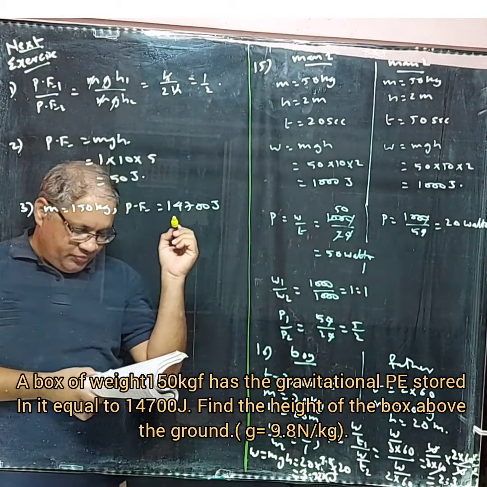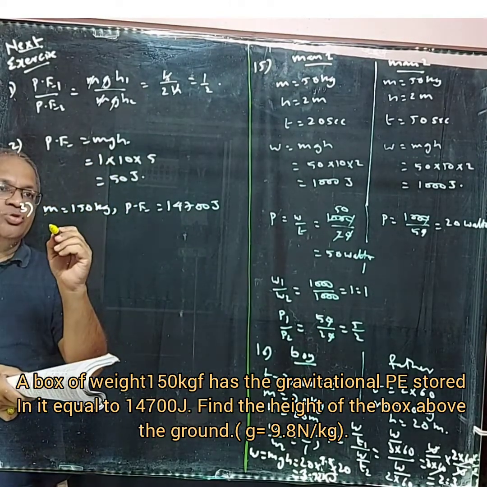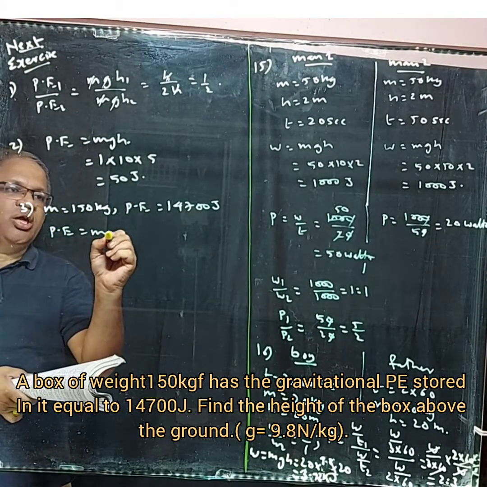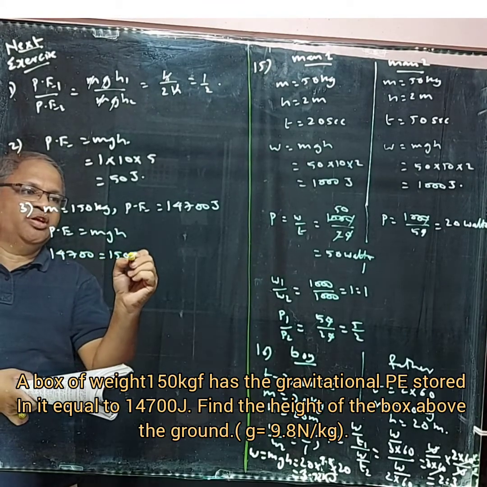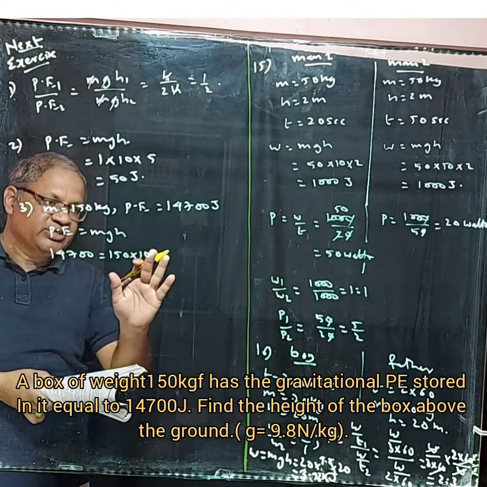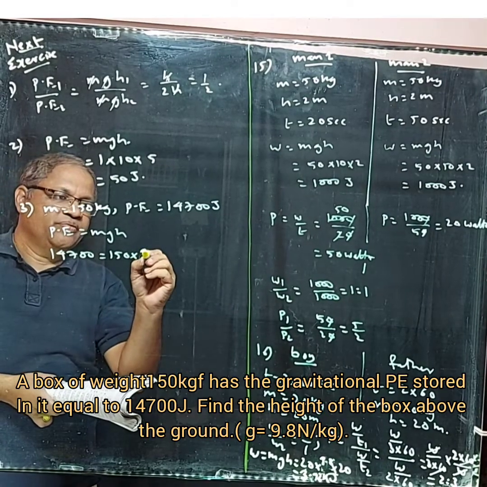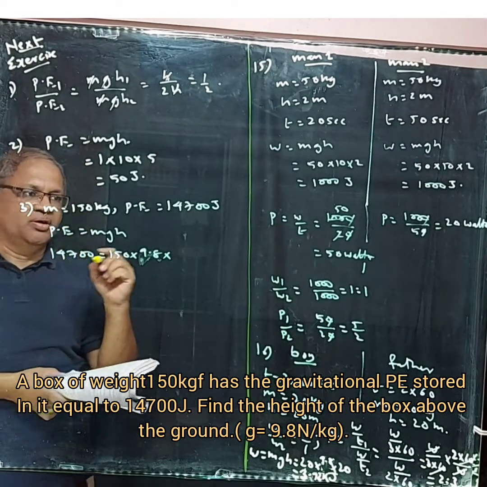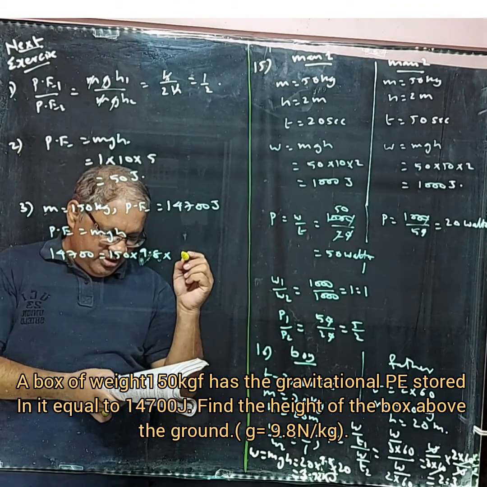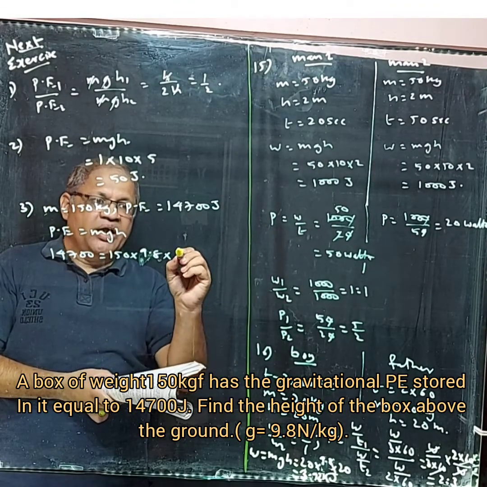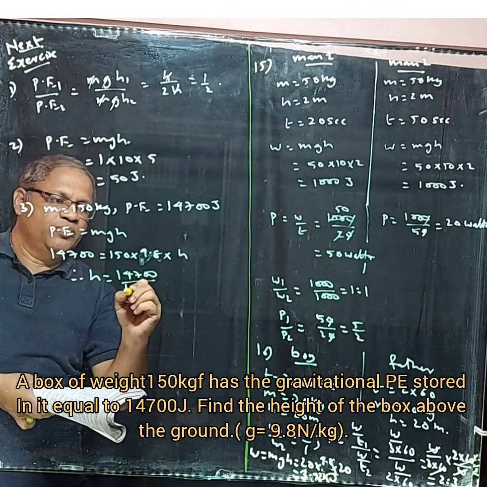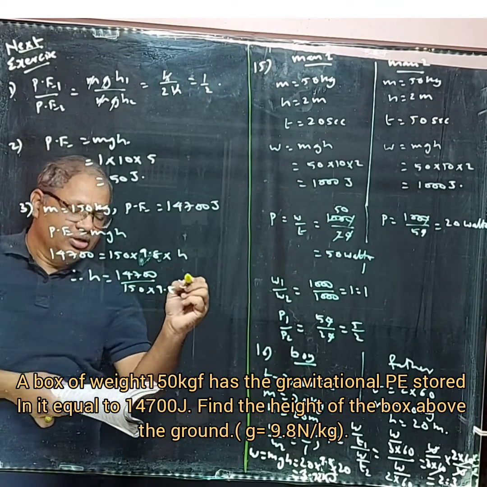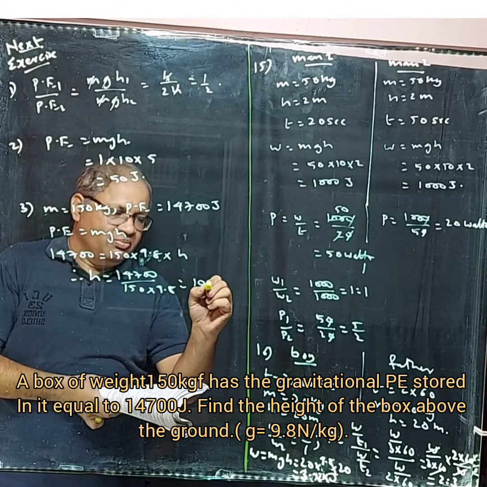Potential energy is mgh. So 14700 is equal to 150, g is taken as 9.8. Be careful, just take whatever they have given, otherwise they will cut your marks. Height is equal to 14700 upon 150 into 9.8. So that comes to 10 meter.